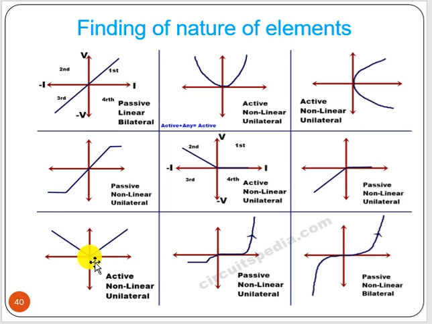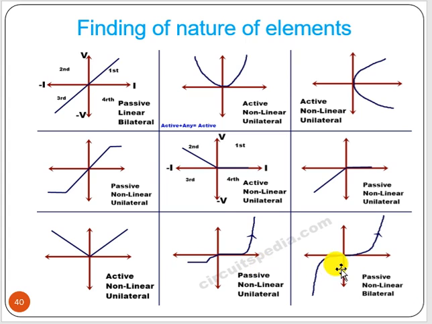And here it is again active, second coordinate, and this is a non-linear type of graph, and unilateral, we are assuming both are not the same. Now again this is first coordinate, third coordinate, so passive, the characteristic is non-linear, and this is unilateral because the characteristics here are different.